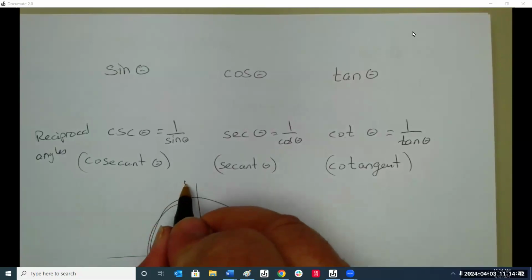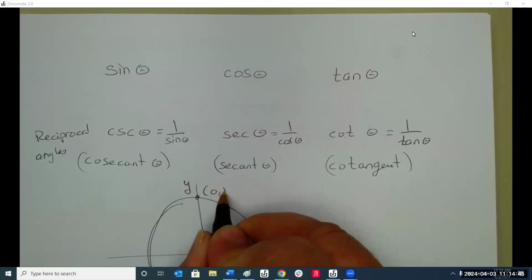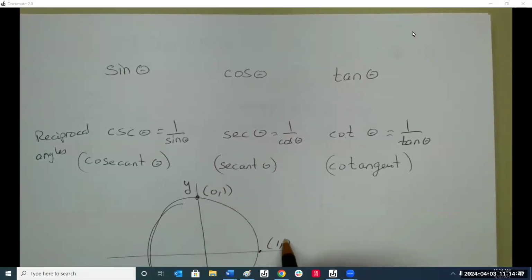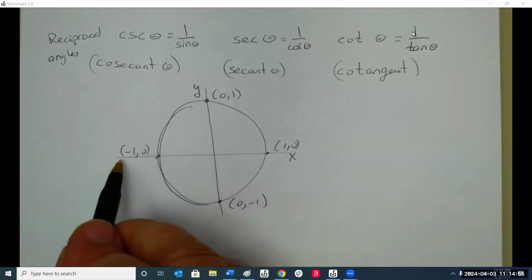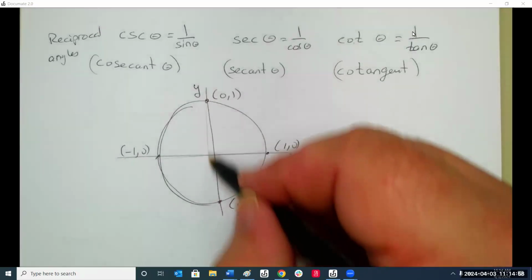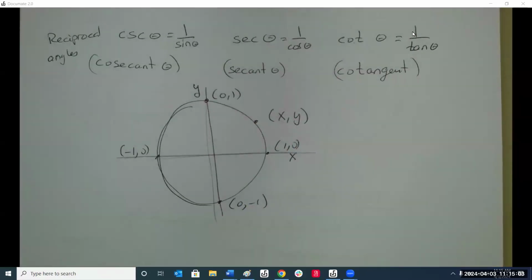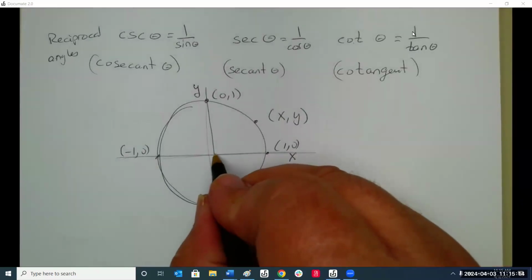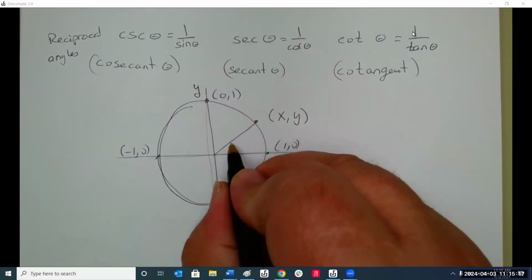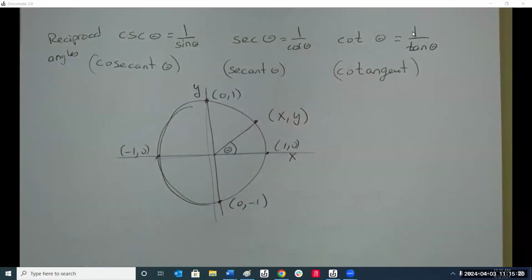In our unit circle, remember this is at 0, 1, 1, 0, negative 1, 0, 0, negative 1. We have the horizontal axis and we have the vertical axis. Each point corresponds to an x and y component, at some angle.